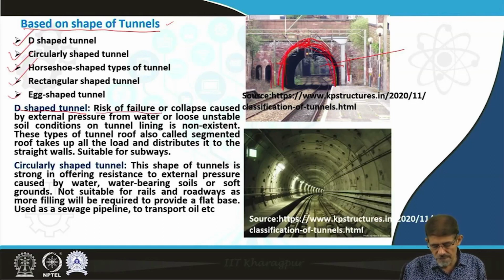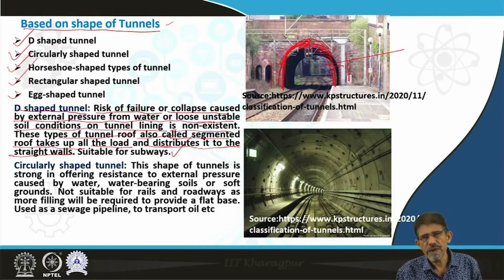Therefore, the risk of failure or collapse caused by the external pressure from water or loose unstable soil condition on the tunnel lining is non-existent. And this type of tunnel roof is also called the segmented roof, takes up all the load and distributes it to the straight wall, and this type of tunnel is suitable for subway tunnels.